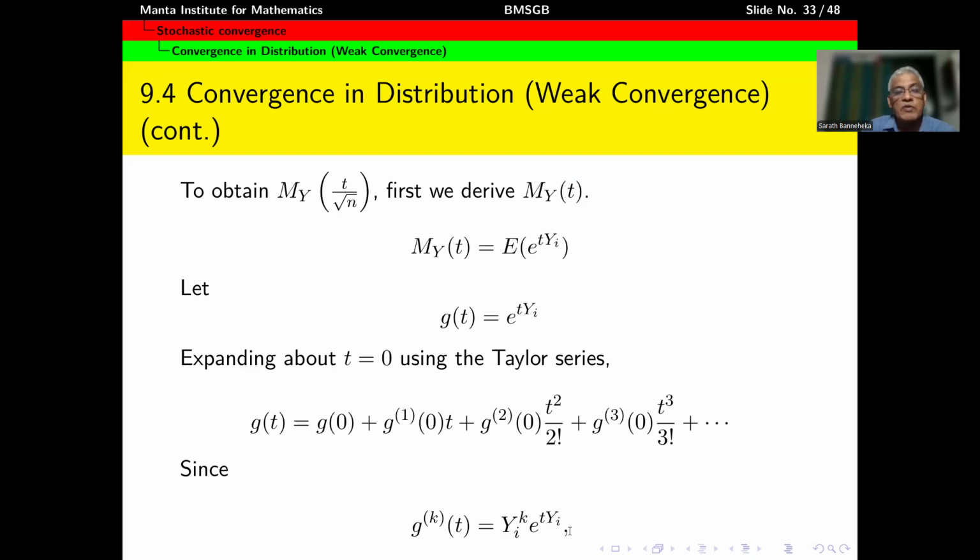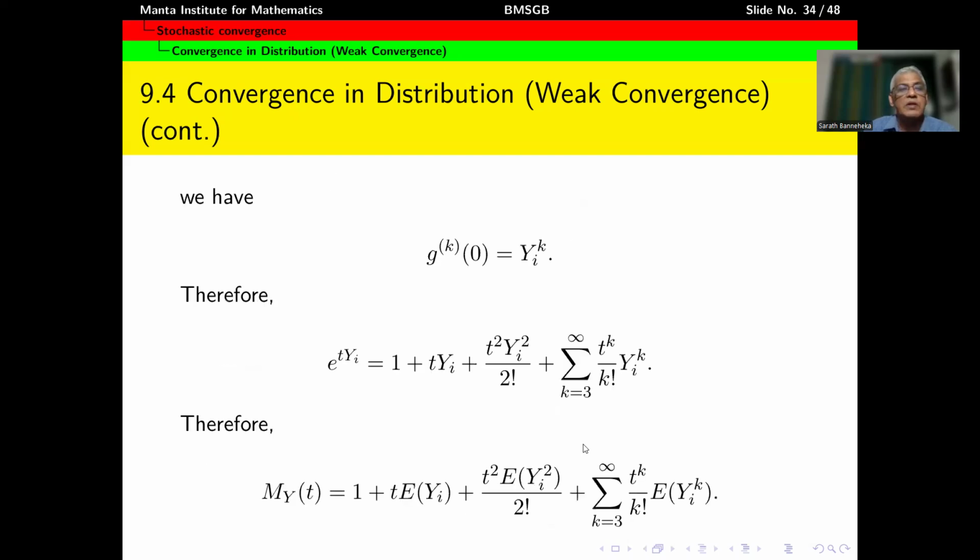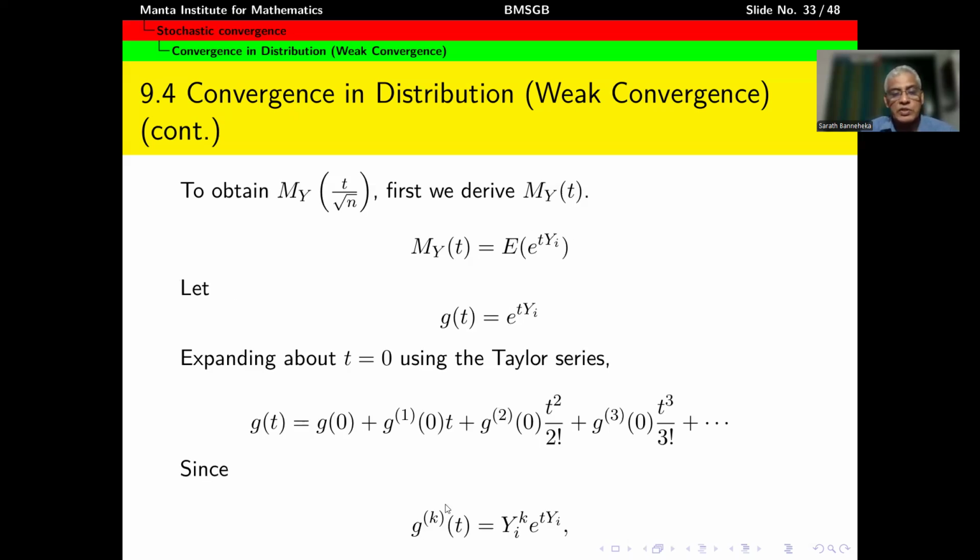Right. So now what we want is actually the expected value of this expression here. First of all, the kth derivative of g evaluated at t is equal to this one, but we need the derivatives evaluated at 0.